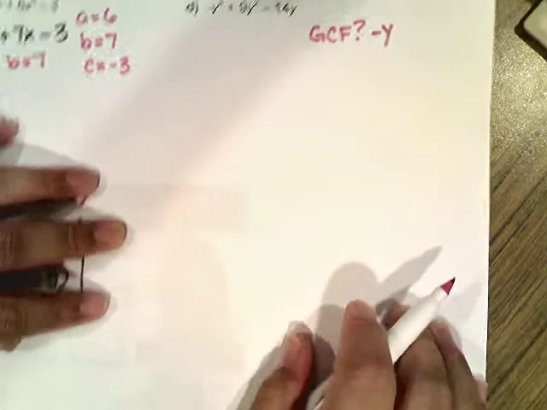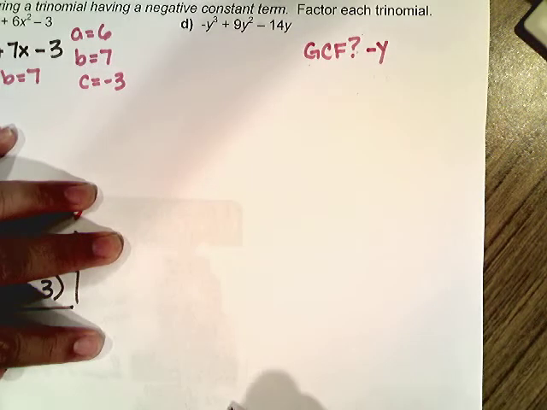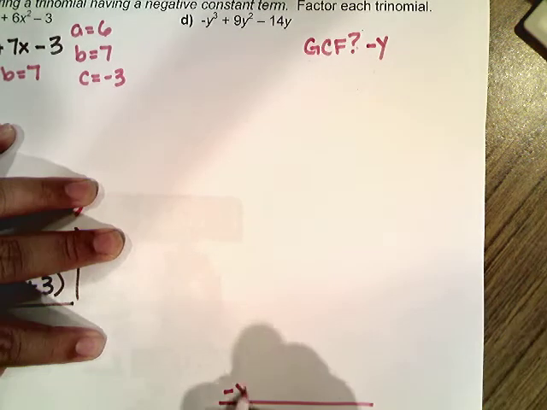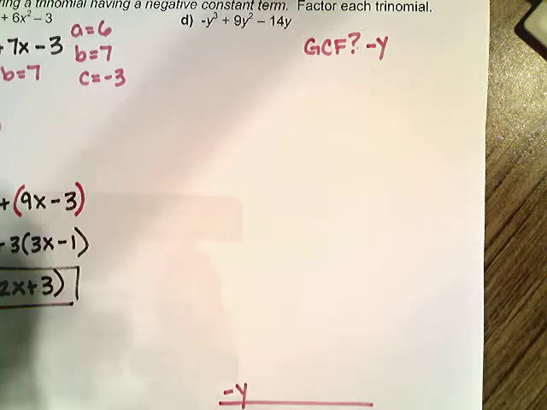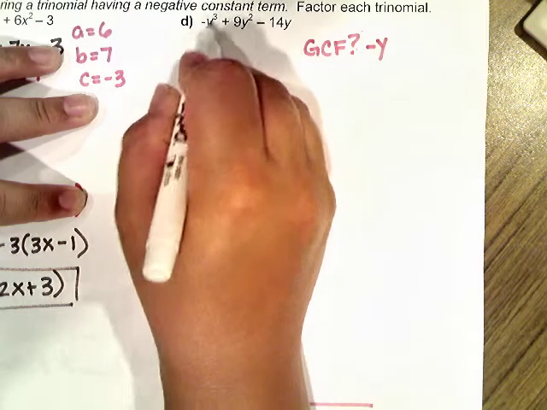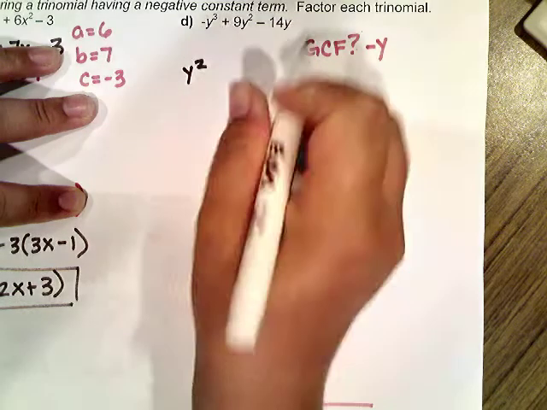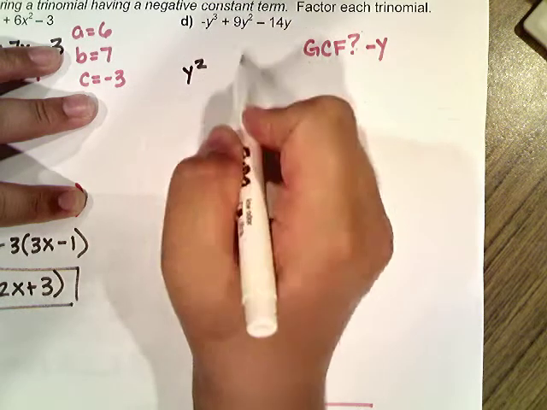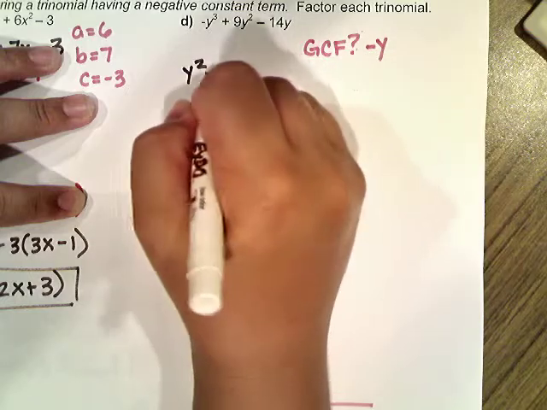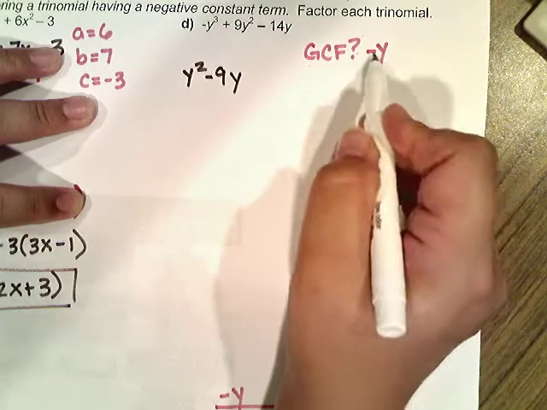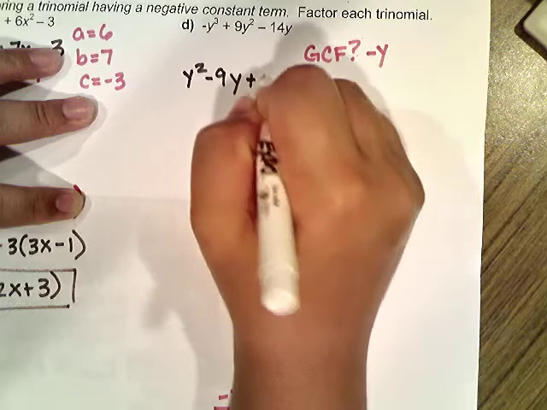And so, just like we did several times before, we're going to have a factor line down here. We're going to put the negative y there, and we'll figure out what we have left over. So negative y cubed divided by negative y gives us y squared. Positive 9y squared divided by negative y gives us negative 9y. And negative 14y divided by negative y gives us positive 14.